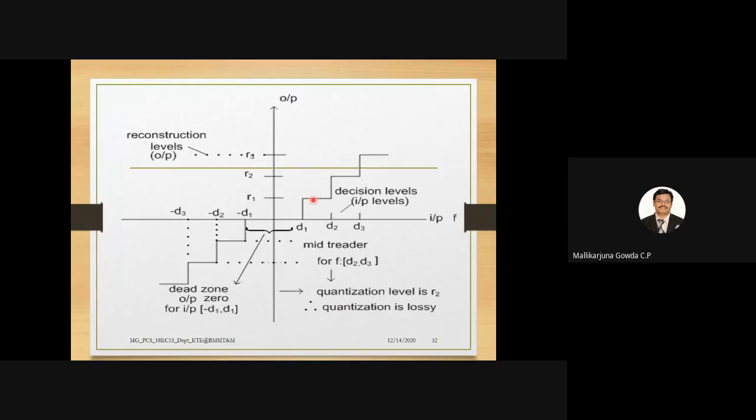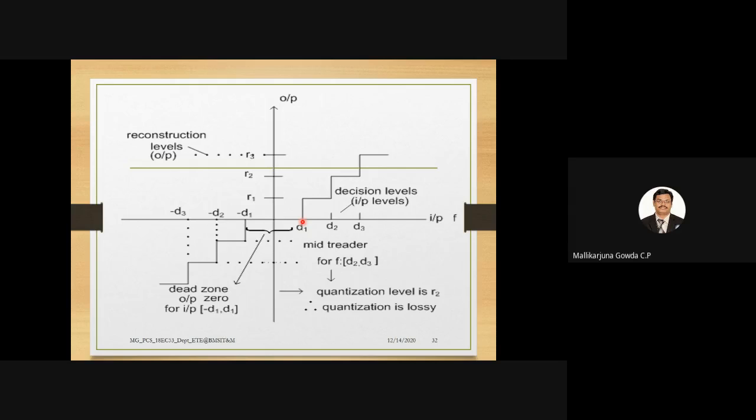These are, as I said, the input signal on the x-axis and the output on the y-axis. So these are the decision levels, D1. Maybe the notations are different because I have taken this from a different source. There I have not written D1, D2, D3 and so on; you just have written 2, 4 and so on. So these are the decision levels in the mid-tread type.